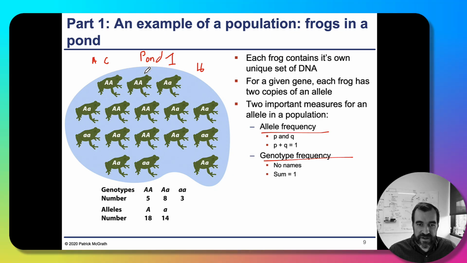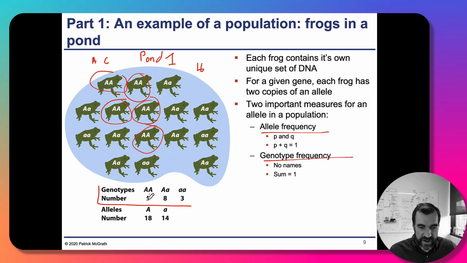From this information, we want to summarize how many individuals have each of the 3 possible genotypes. That's what this is right here. At a first level, we simply count how many individuals are big A, big A. So 1, 2, 3, 4, 5. We calculate 5 right here.